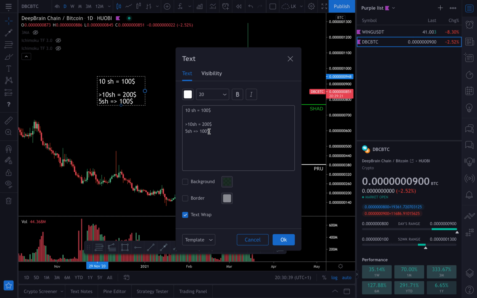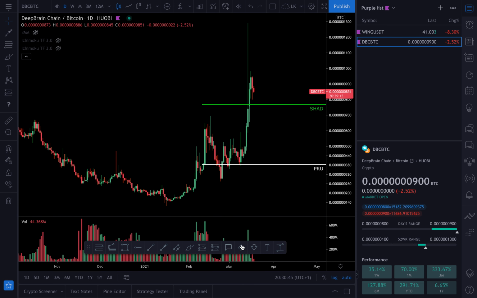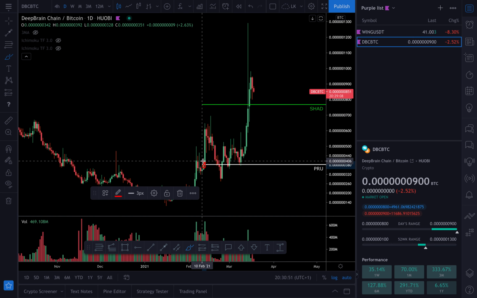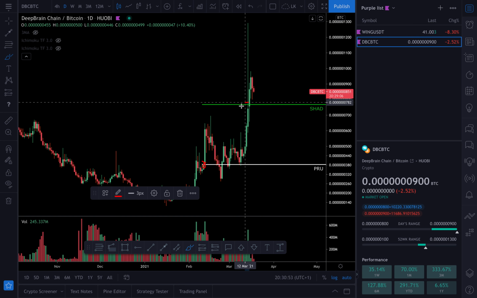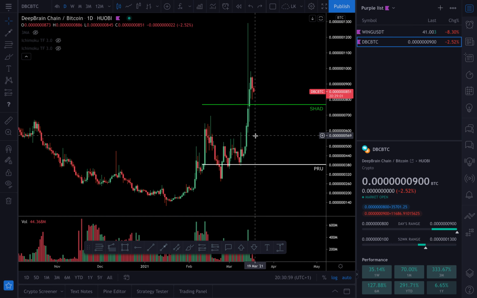Doing that, I cancel my risk and I refund myself, so I do not take any more risk. And that's what I did on that pair, DBC BTC on the Huobi exchange. I bought here that candle and sold half here. In that way, I got a refund from that trade, and now I'm risk-free, ready to ride all the trend.